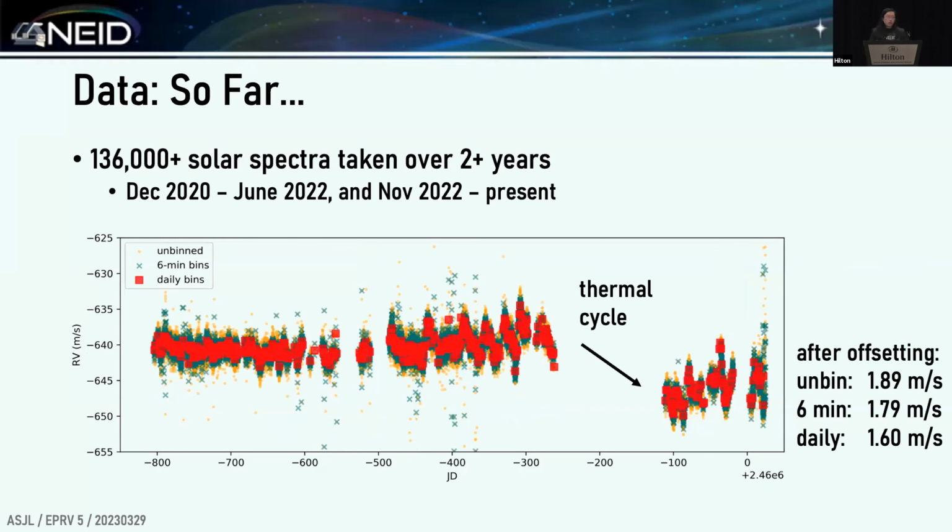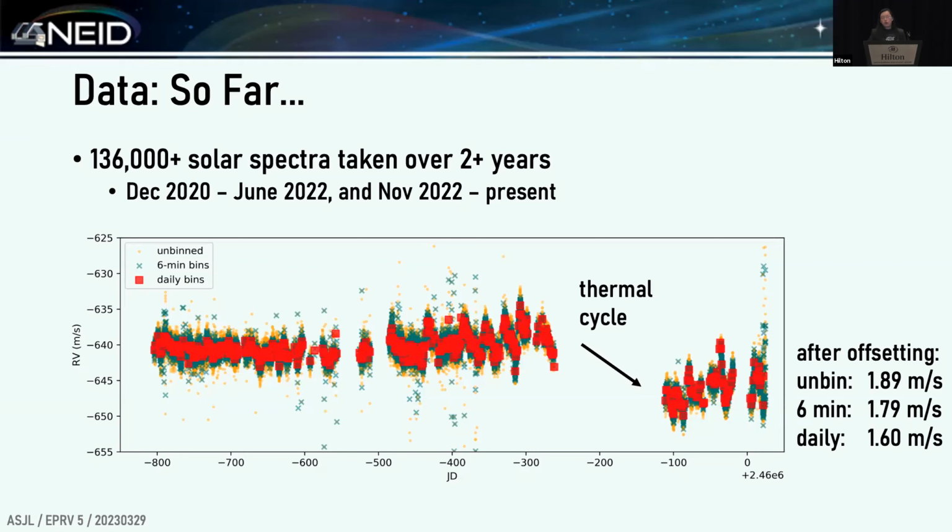over these 2 years, our solar data reveals an RMS of about 1.9 meters per second on the sun. If we bin over 6 minutes to approximately bin down the p-modes, 1.8, and if we go to daily bins, 1.6.